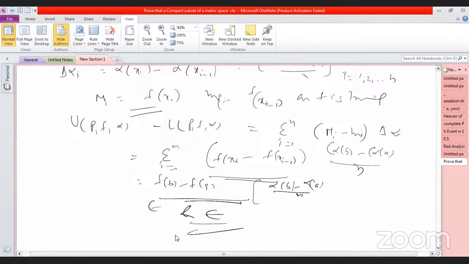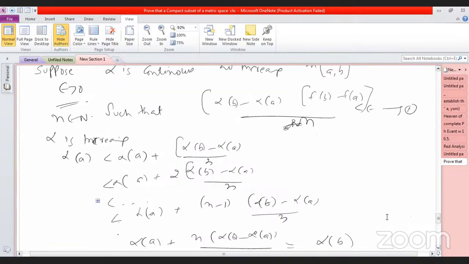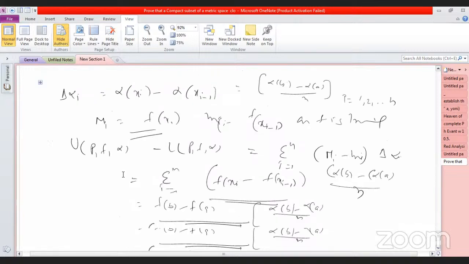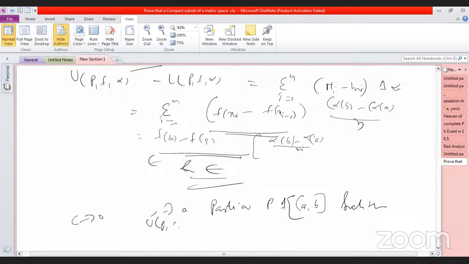Look here: alpha b minus alpha a times f of b minus f of a over n is less than epsilon. Is that so? So less than epsilon means we show that for every epsilon greater than 0 there exists a partition P of [a, b] such that UPF of alpha minus LPF of alpha is less than epsilon.